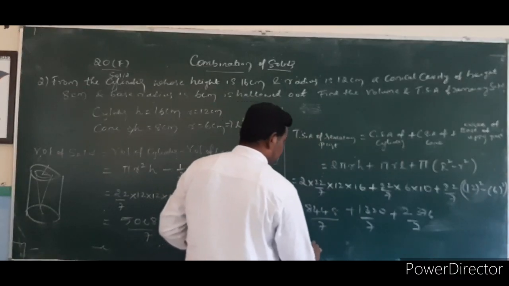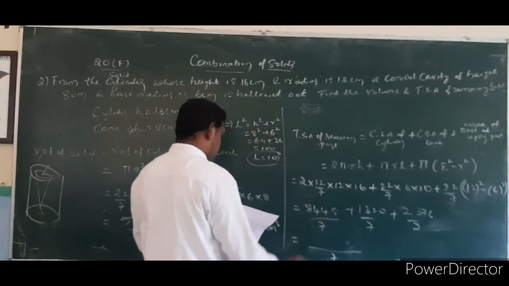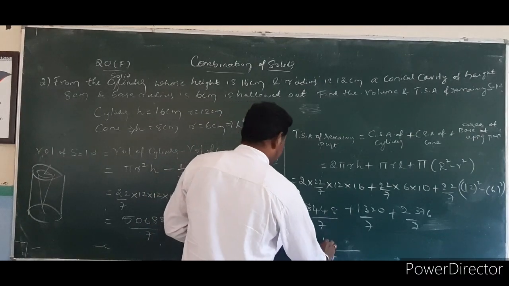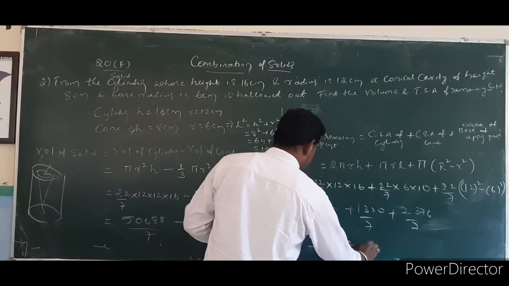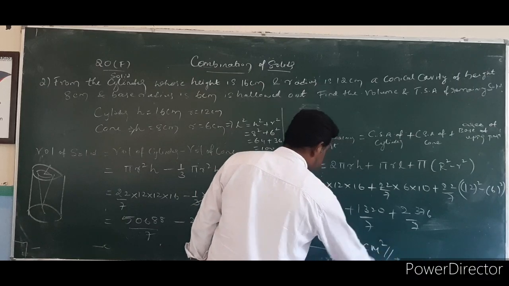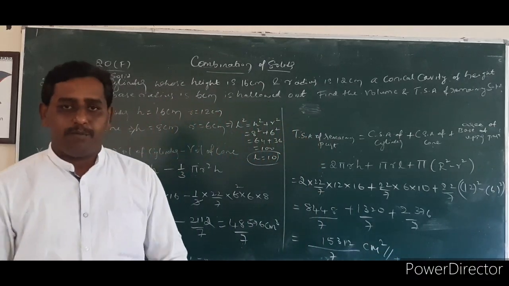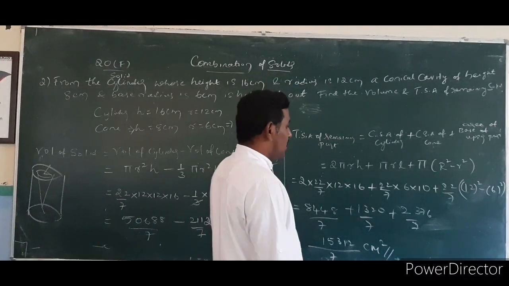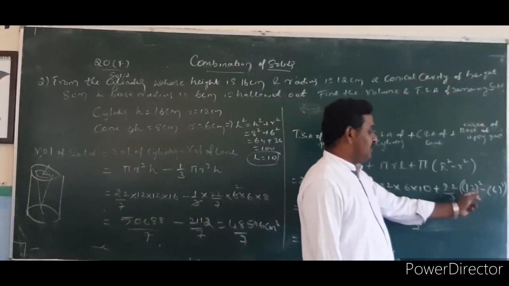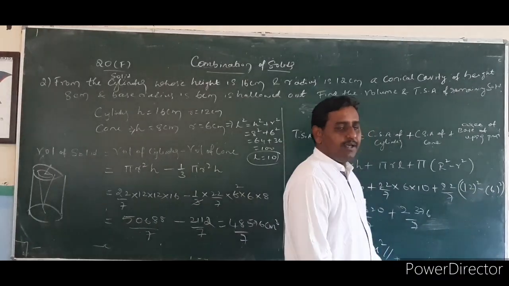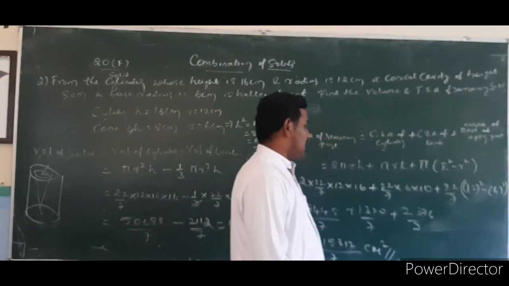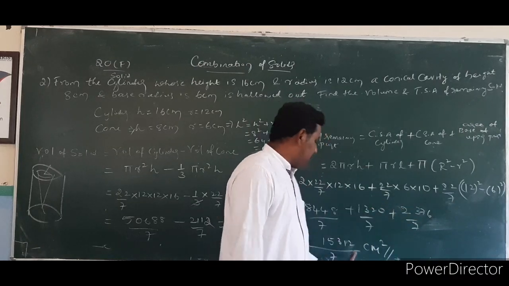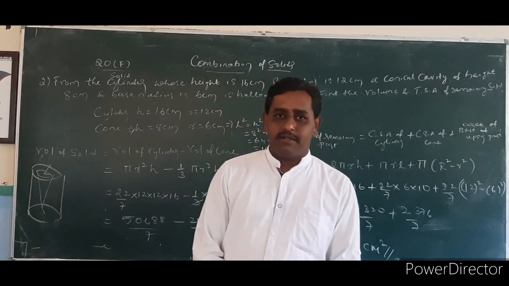Here the LCM is 7 only. Add all the upper parts, then you will get 15,312 centimeter square, the area of the remaining part. Because I am writing direct answers, you know how to calculate. This part is 12 square, which means 144 minus 36. You can take it outside and simplify, you will get this answer. Add all the numerators, then you will get the answer like this.